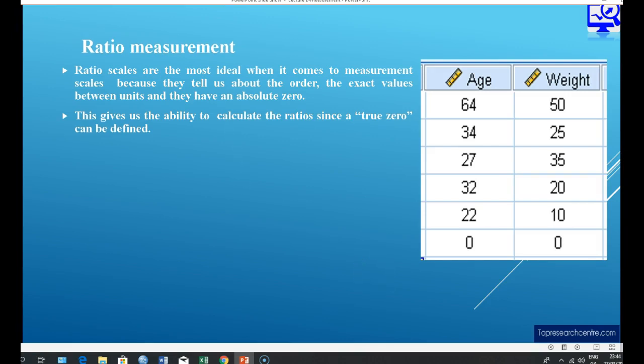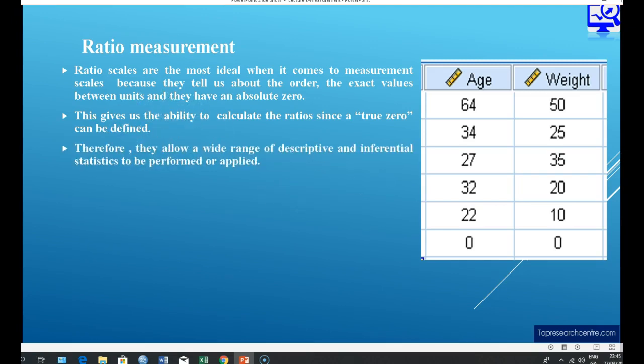When we have these types of variables measured at a ratio scale, you can perform all descriptive and inferential statistics on your particular variable. So when you have variables measured at this level of scale, you can perform a wide range of statistical procedures or mathematical procedures on your variables.